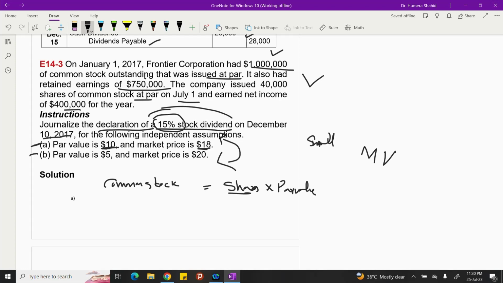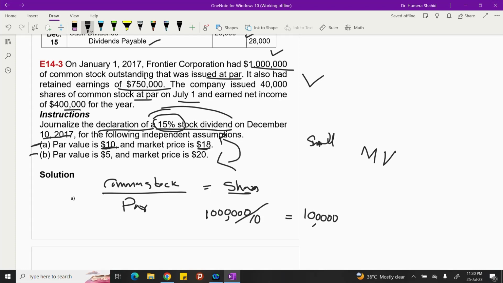If we need shares, we will divide common stock by the par value, we will get the number of shares, right? Common stock is 1 million, opening balance. Par value in part A is $10. So 100,000 shares is the opening balance of the common stock.